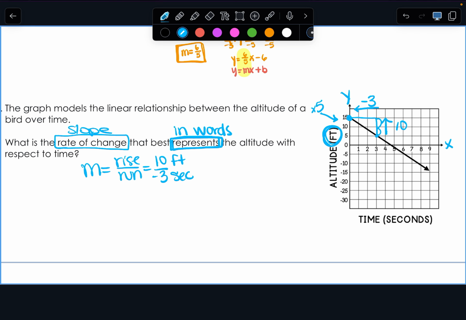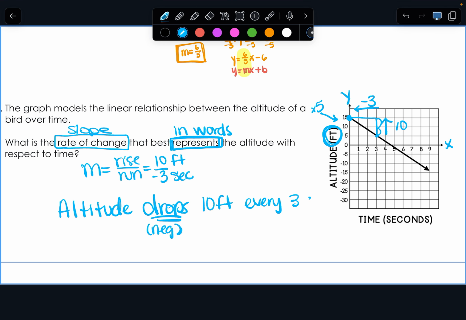Because your altitude is dropping. You could say the person's falling. The altitude is dropping 10 feet every 3 seconds. You could say every, per, each. Either one of those represents slope, but you have to attach that word.